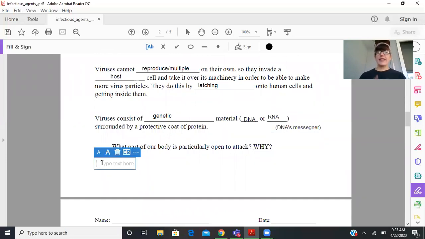The part of our body that is most susceptible to attack by viruses is something called our mucous membrane. We have these in our noses. It's where our mucus comes from. And that's because they're not protected by a layer.